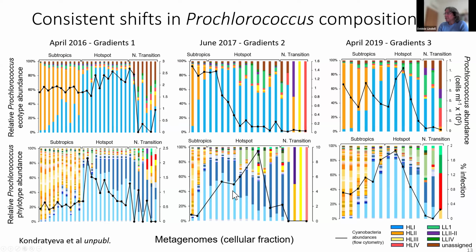And this transition is accompanied with the increase in infection, suggesting perhaps that cyanophages are infecting this particular type and killing them off, and causing a difference at the phylotype level in the distribution of the Prochlorococcus types.